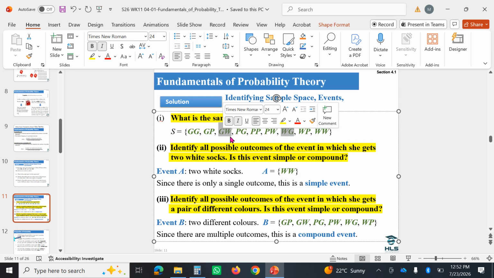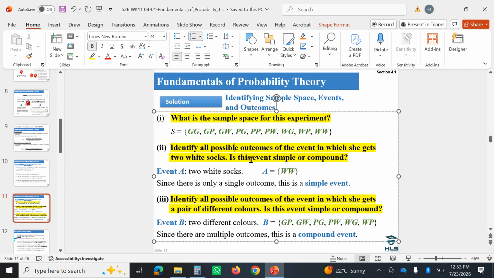Here you've got a green white, here you've got a white green. Even though in theory you have 1 green sock and 1 white sock, look at the order. So they are not necessarily the same. Order matters here.